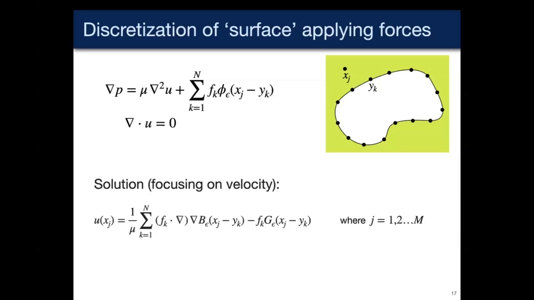And instead of just being interested in solving at one point, we're actually solving at m points, the x sub j points. So we want to solve for the velocity at m points. Then you can write your solution as u of x_j, summing over the n points. And it's just the same solution as before.